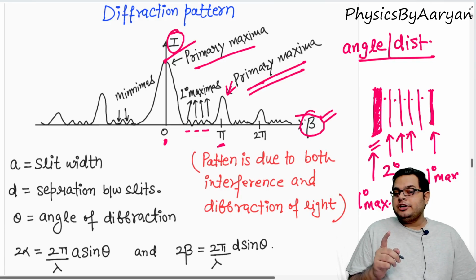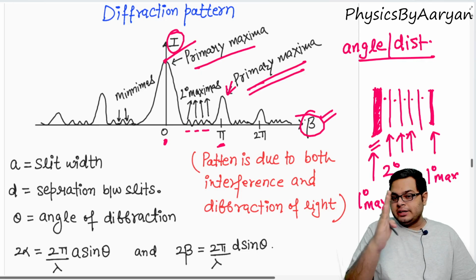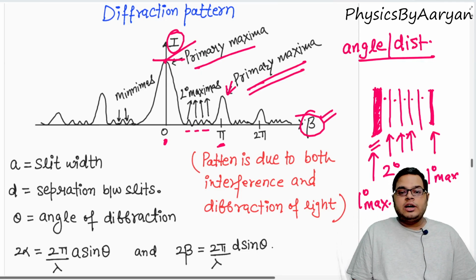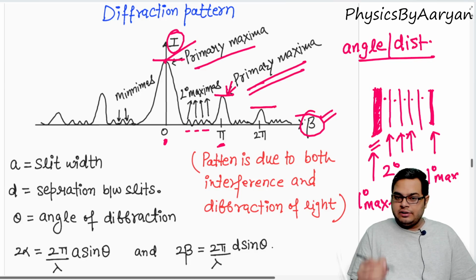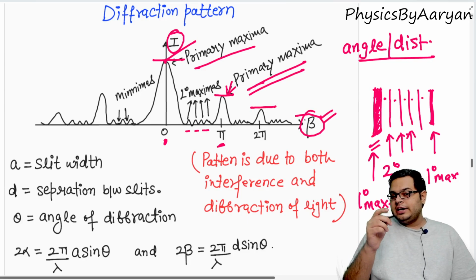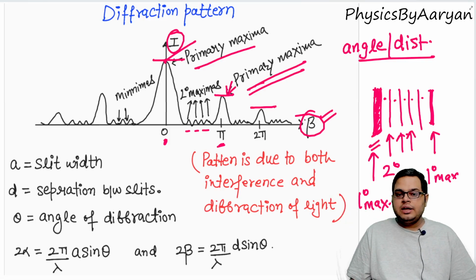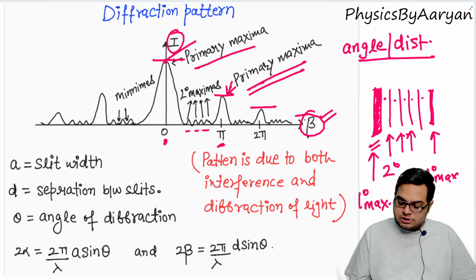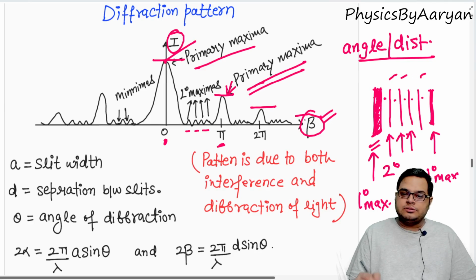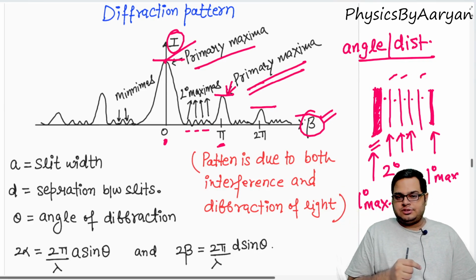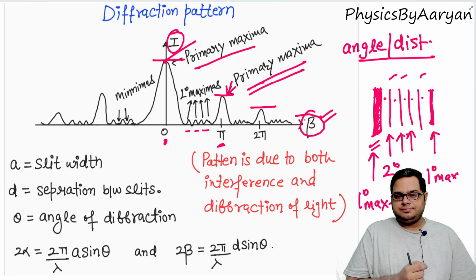Okay. One thing that you can see is that for the primary maxima, intensity keeps on reducing. Initially the primary maxima had very high intensity, then the next primary maxima has less intensity, then the next has even less intensity. And between the two primary maximas you have many secondary maximas, or very dim spectral lines, very dim colored lines.